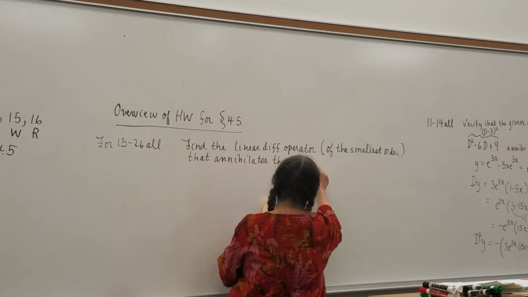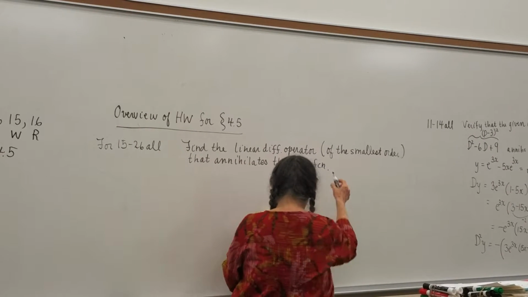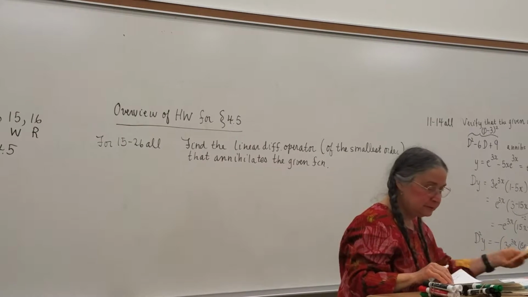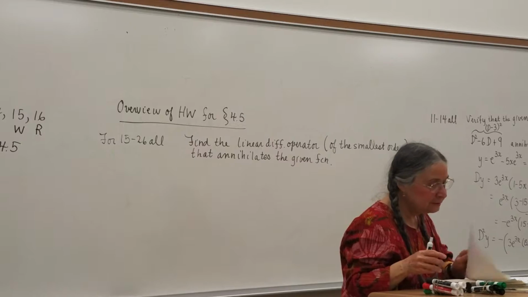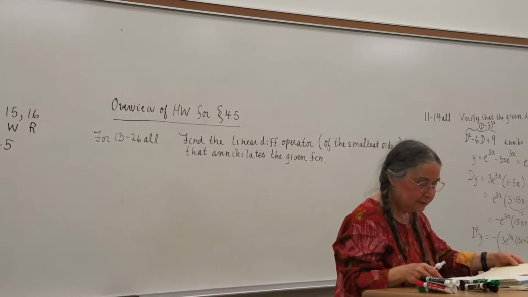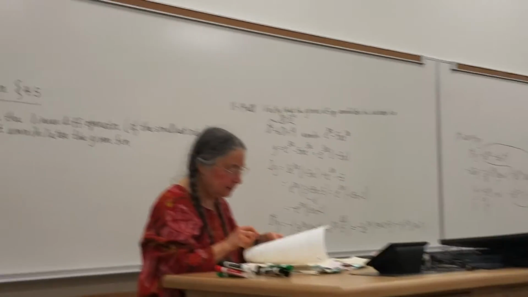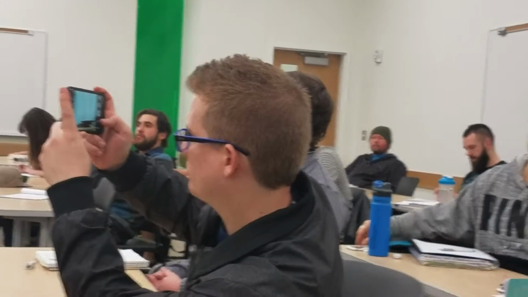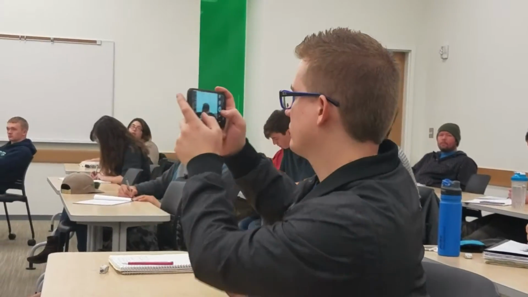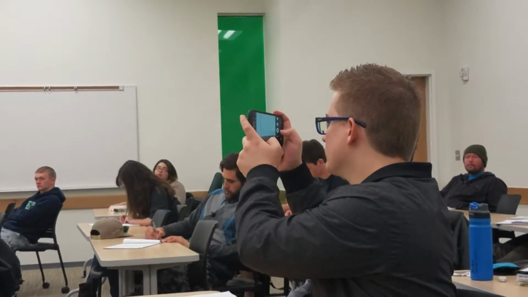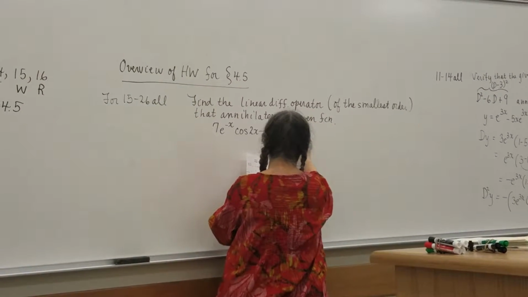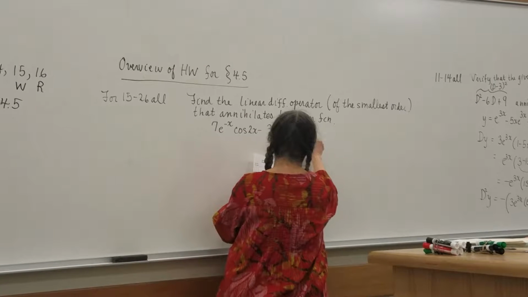So here I wanted to do a different type that I haven't done yet. Here's a trig example. Say you had 7 e to the minus x cosine 2x, and then minus 3x e to the minus x cosine 2x.